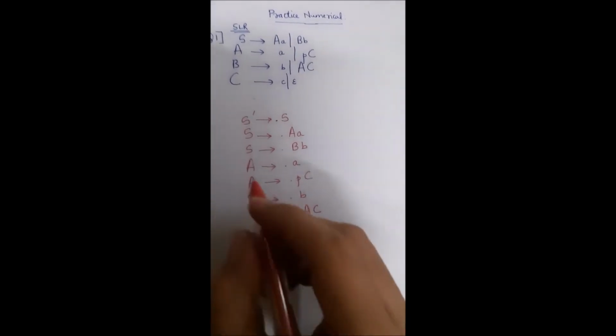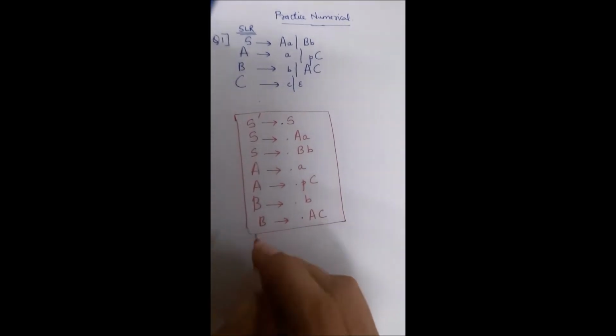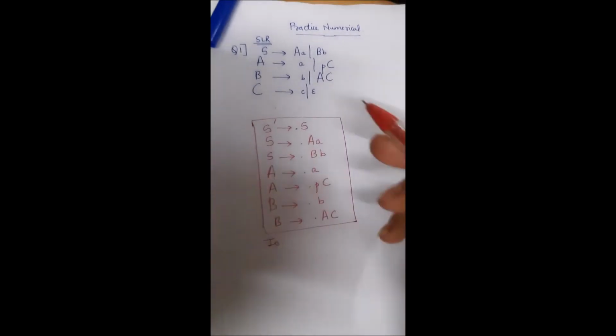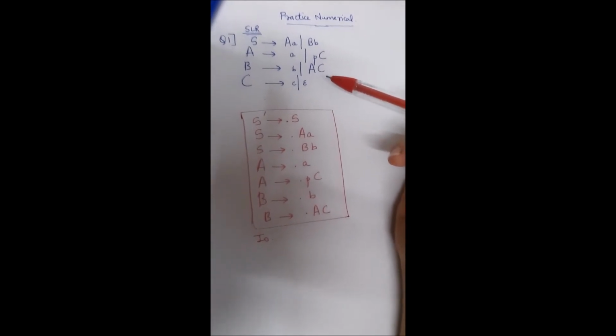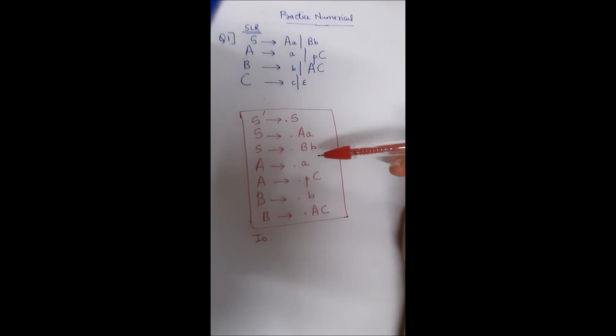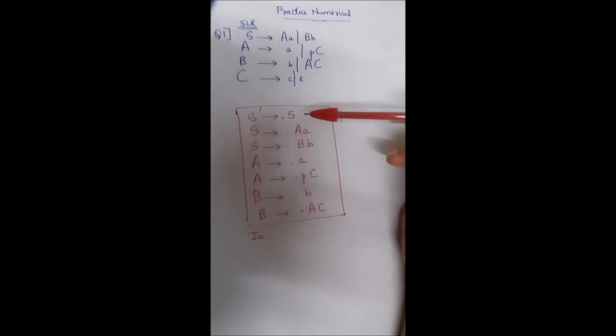So if you observe here, it is not necessary that the starting state will contain all the production rules which are specified in the grammar. It will contain only those which are part of the closure of the production rule which we have introduced.